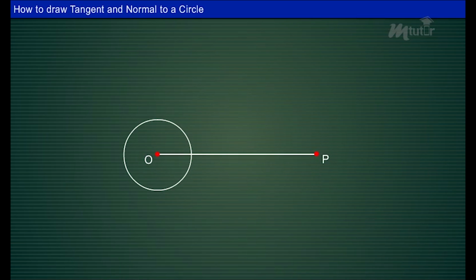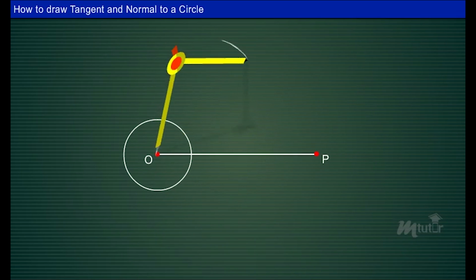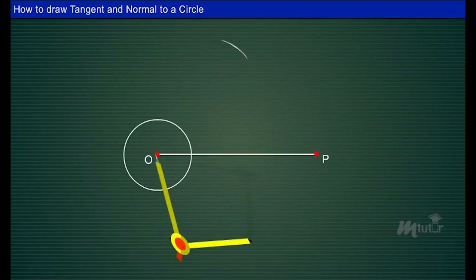To draw it, place the compass at O, open the compass a little more than half of OP, and mark two arcs above and below OP.